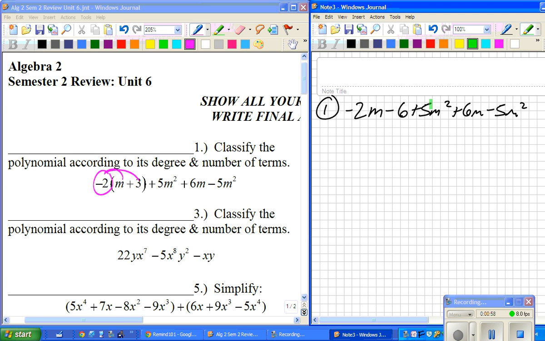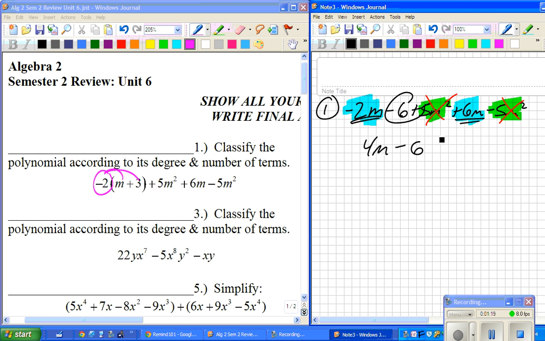Okay, so now we're looking for like terms, things that are the same that we can combine. Now, your 5m squared and your -5m squared, those actually cancel out. So -2 plus 6 is 4m minus 6.